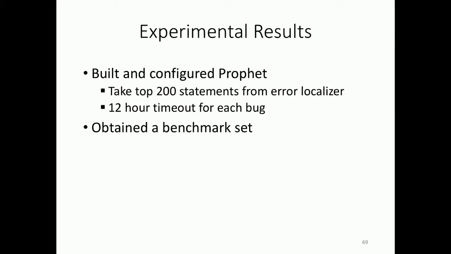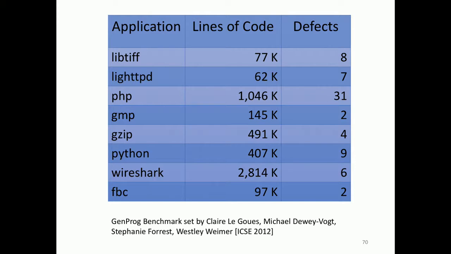We build and configure Prophet, and actually we build the whole system, including the error localization component and all the patch generation process. And then we run Prophet on a benchmark set that contains 69 real-world defects. Those defects are collected from 8 open source applications, including PHP and Wireshark, which contain more than 1 million lines of code.